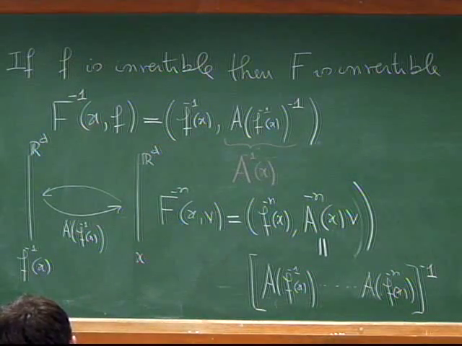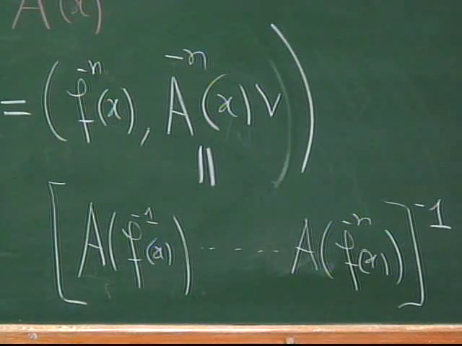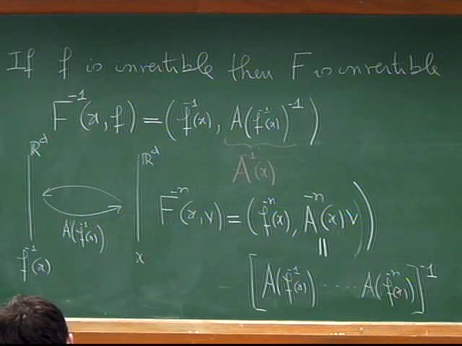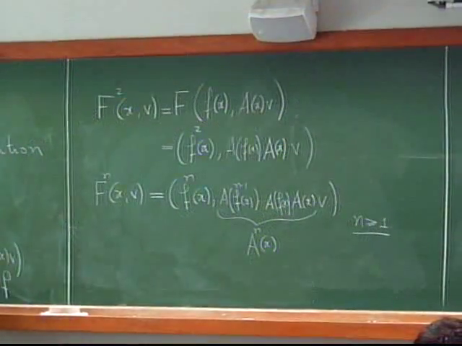You just take this expression. It makes sense because all the matrices are supposed to be invertible. Take this expression and check that this is the inverse of this. Just compose them and you see you get the identity.